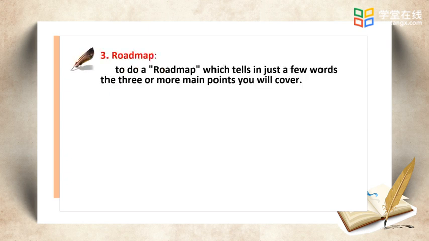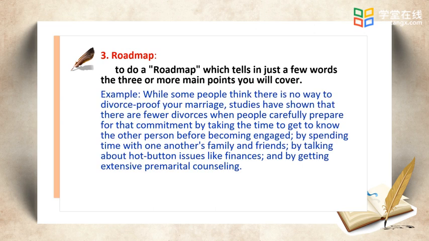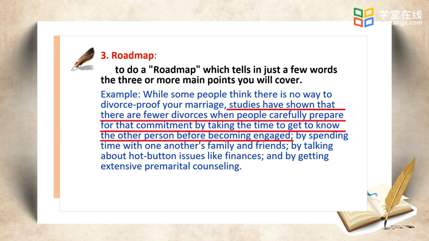The third format is the roadmap format. A roadmap format tells in just a few words or in a single sentence each of the main points we will cover. For example, while some people think there is no way to divorce-proof your marriage, studies have shown that there are fewer divorces when, first, people carefully prepare for that commitment by taking the time to get to know the other person before becoming engaged.